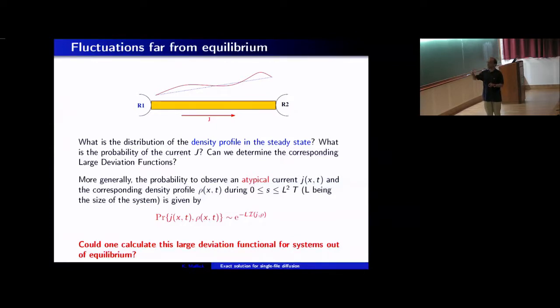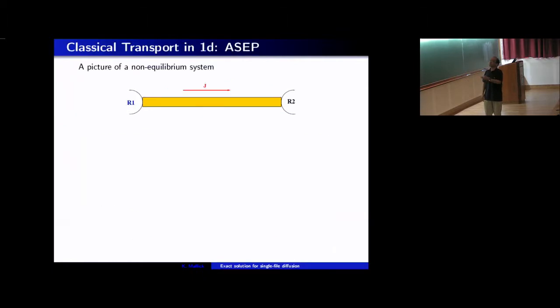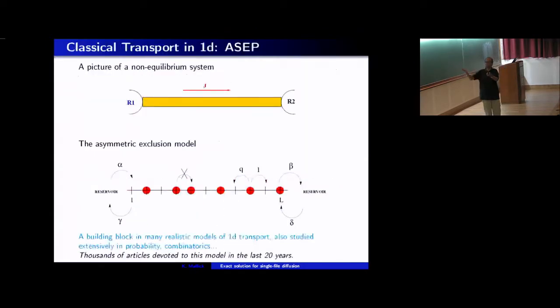Now if we take the other strategy, if we look at this general picture, we can model it by the exclusion process and try to do exact combinatorics, Bethe ansatz, to compute the corresponding observables or the large deviation functions for this exclusion process. Okay, so that's the integrable strategy.